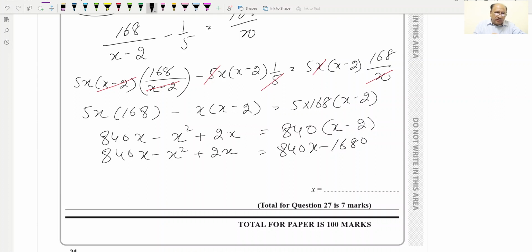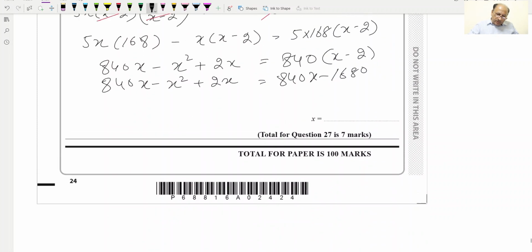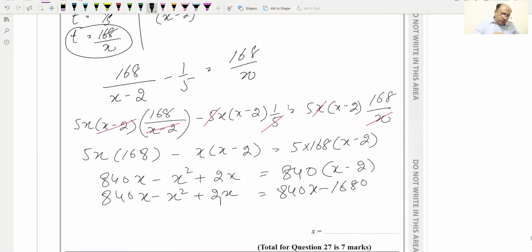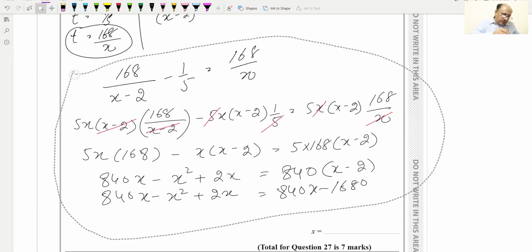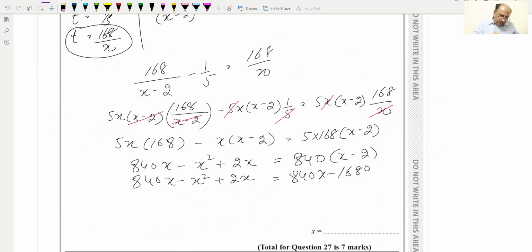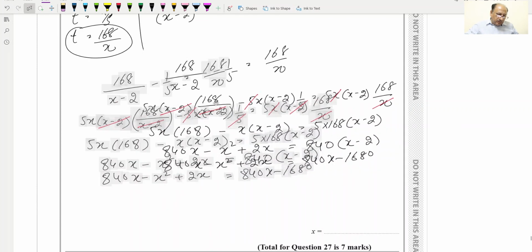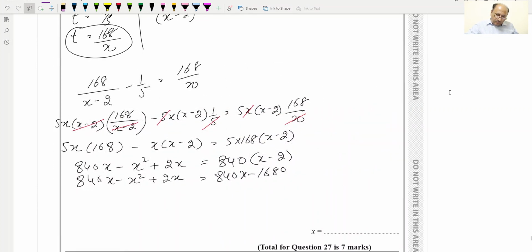And now we are targeting for forming the quadratic equation. So again, I think we need more space for that one, and we can create the space and shrink this one, and we will be forming this.